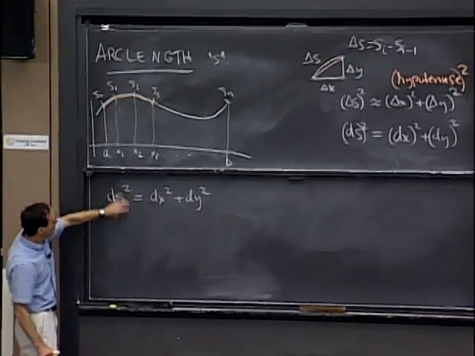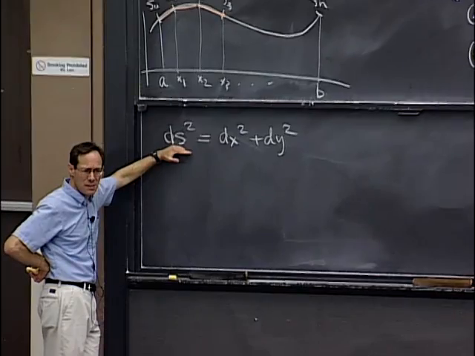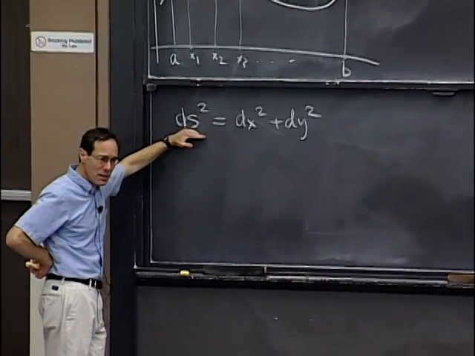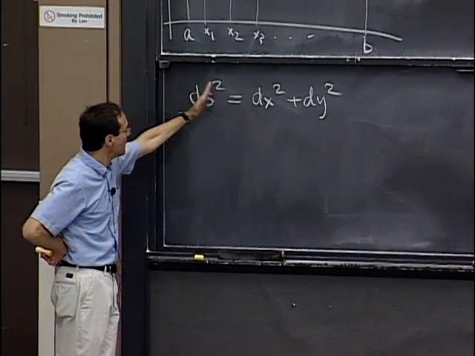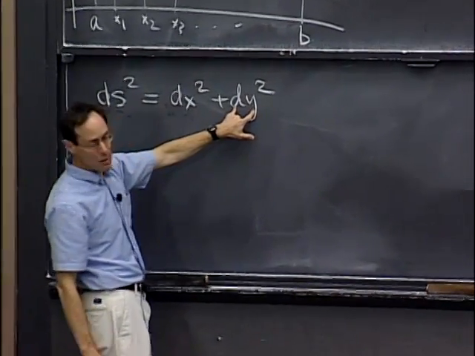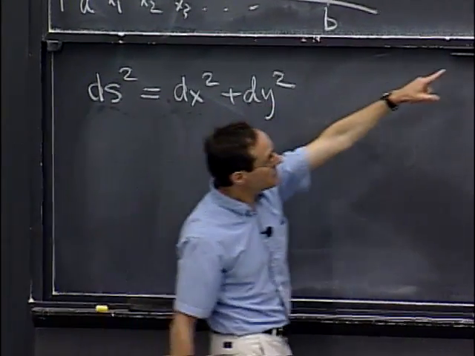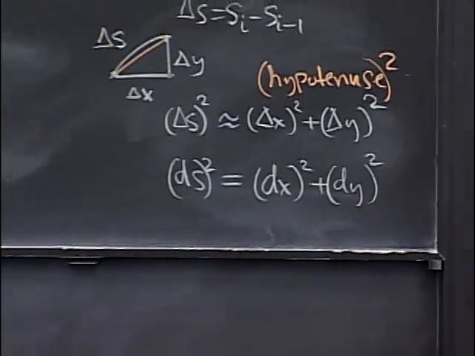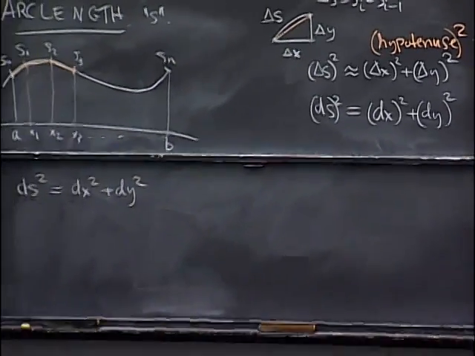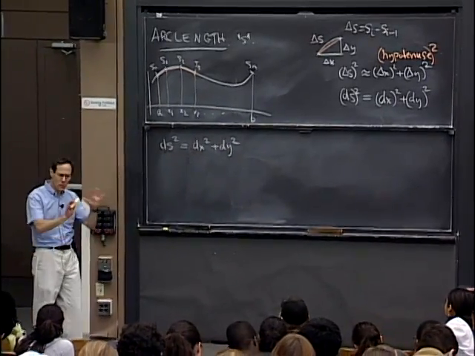And we square it. But for whatever reason, people have gotten into the habit of omitting the parentheses. So you're just going to have to live with that and realize that this is not d of s squared or anything like that. And similarly, this is a single number, and this is a single number, or infinitesimal. So that's just the way that this idea gets written in our notation. And this is the first time we're dealing with squares of infinitesimals, so it's just a little different.